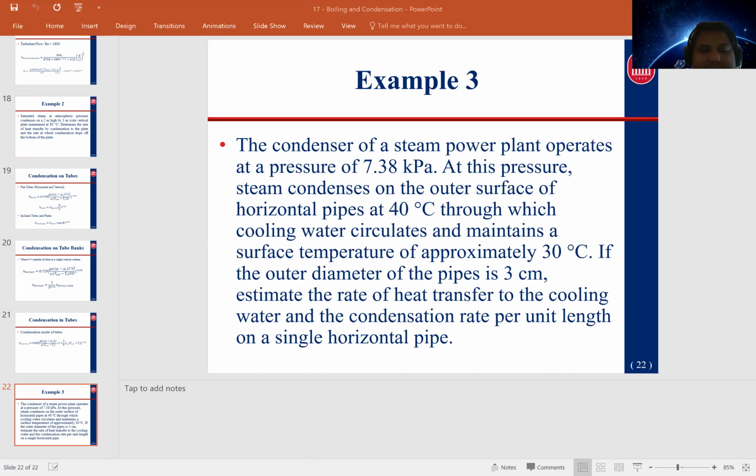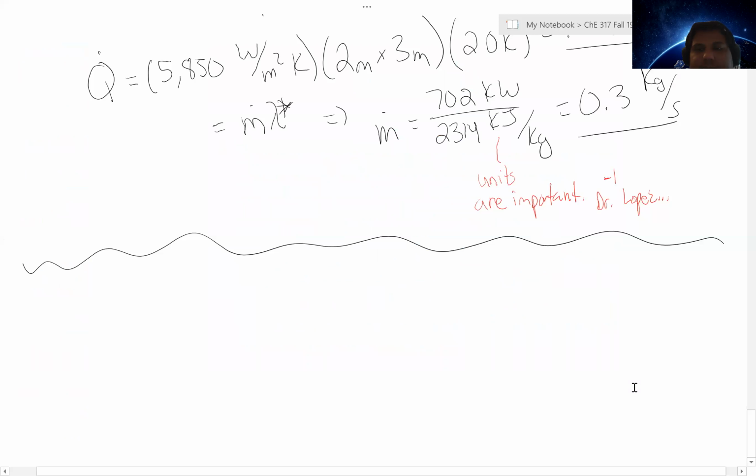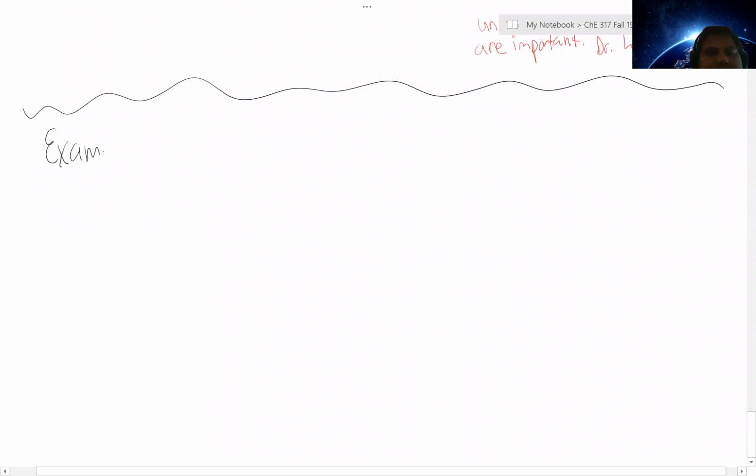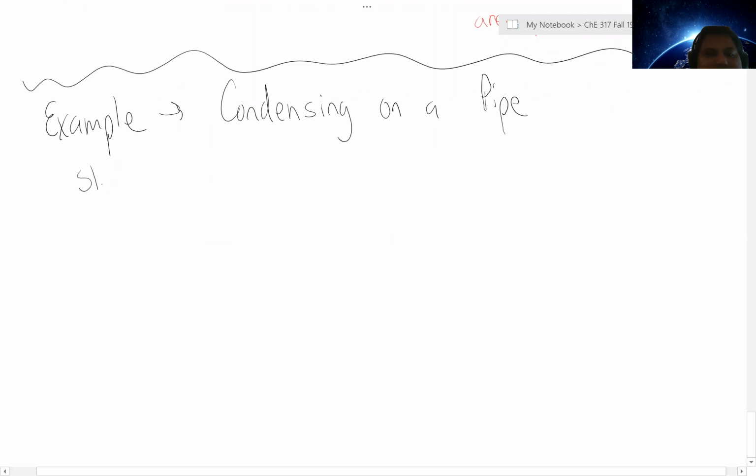All right, so for this, we would have to find the steam property somewhere between 40 degrees and 30 degrees, 35 degrees. So from a steam table, after I switch it back to our notes, say condensing on a pipe. We need steam at Tsat, or T about 35 degrees C. So what I have is the liquid density.